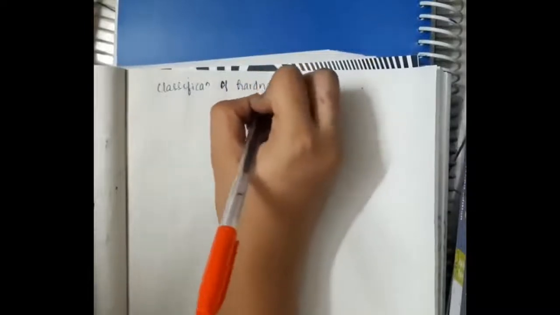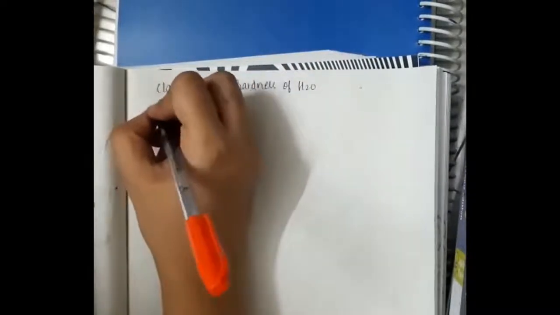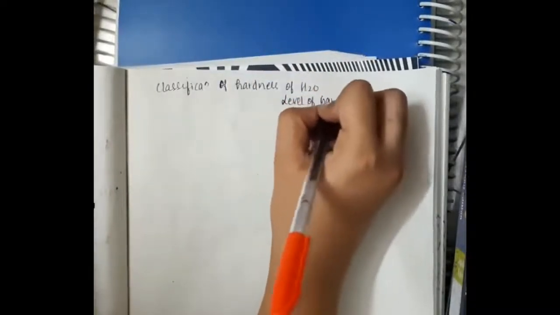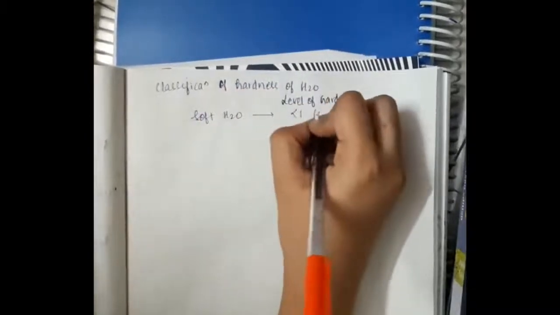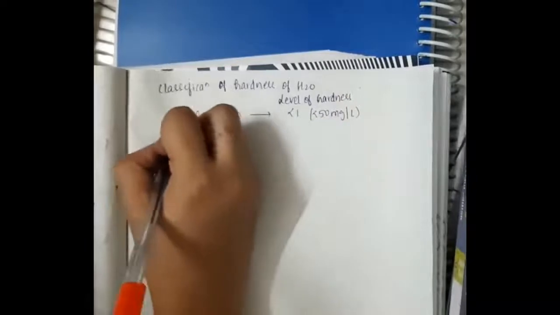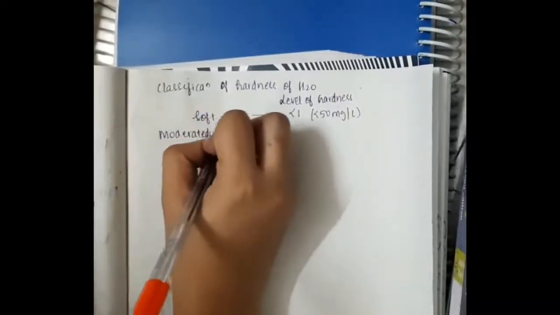Now, the classification of hardness of water. This is very important, these numbers. Level of hardness of water: soft water is less than 1 milliequivalent per liter or less than 50 milligram per liter.